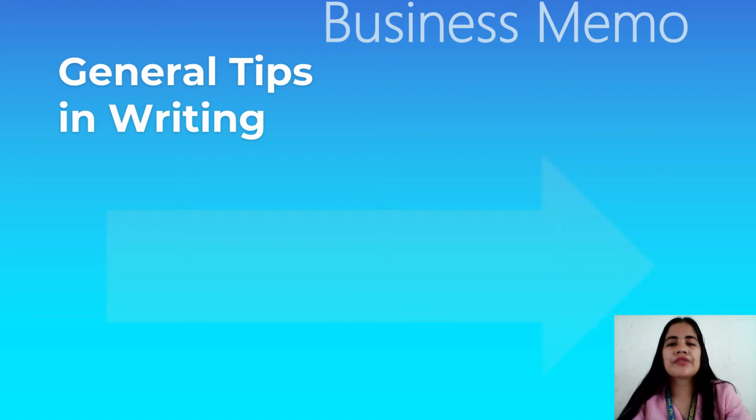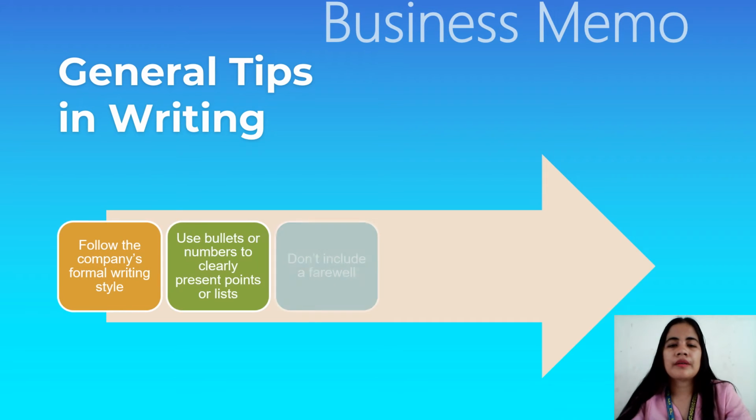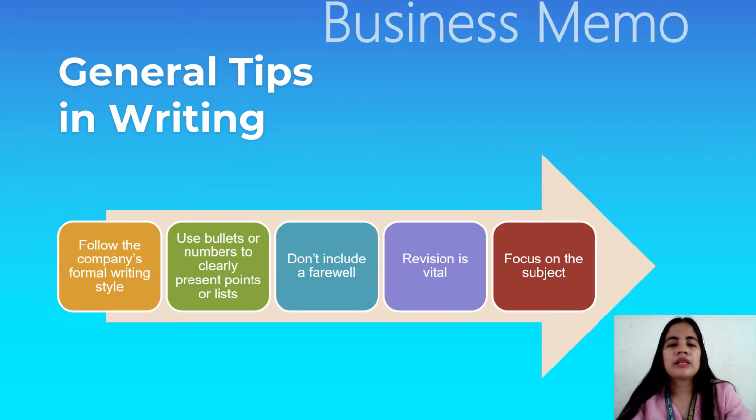So, general tips in writing a business memo. First, follow the company formal writing style. Every company has a formal writing style. Use bullets or numbers to clearly present points or lists. Don't include a farewell. Revision is vital. Focus on the subject. If the subject is all about dress code, then the content or your message is about the dress code.